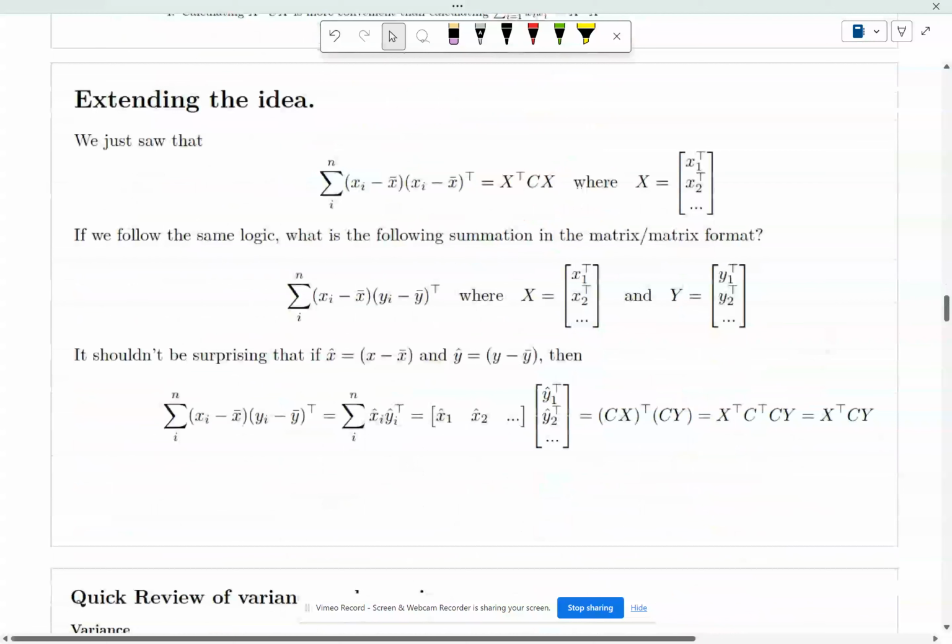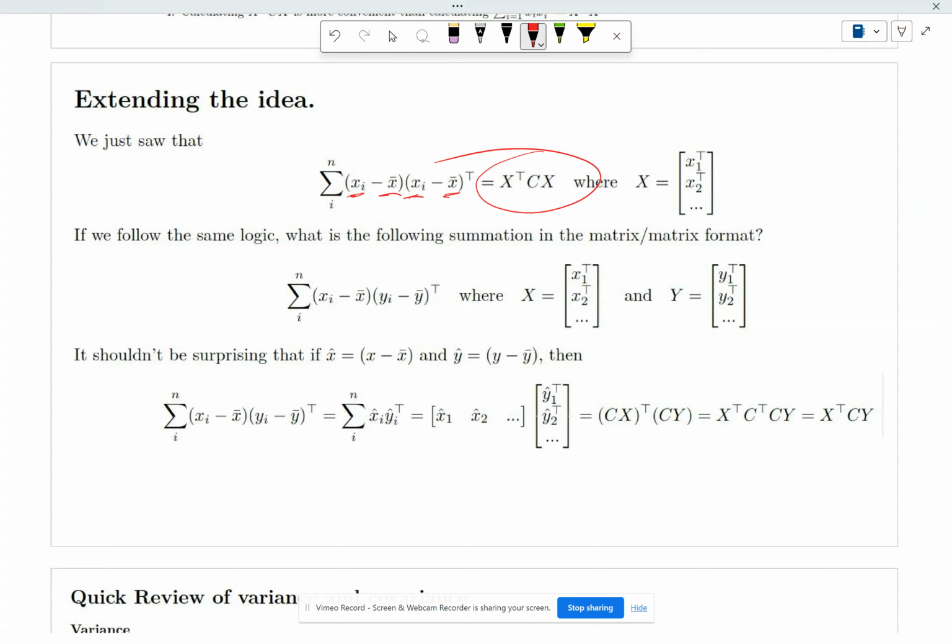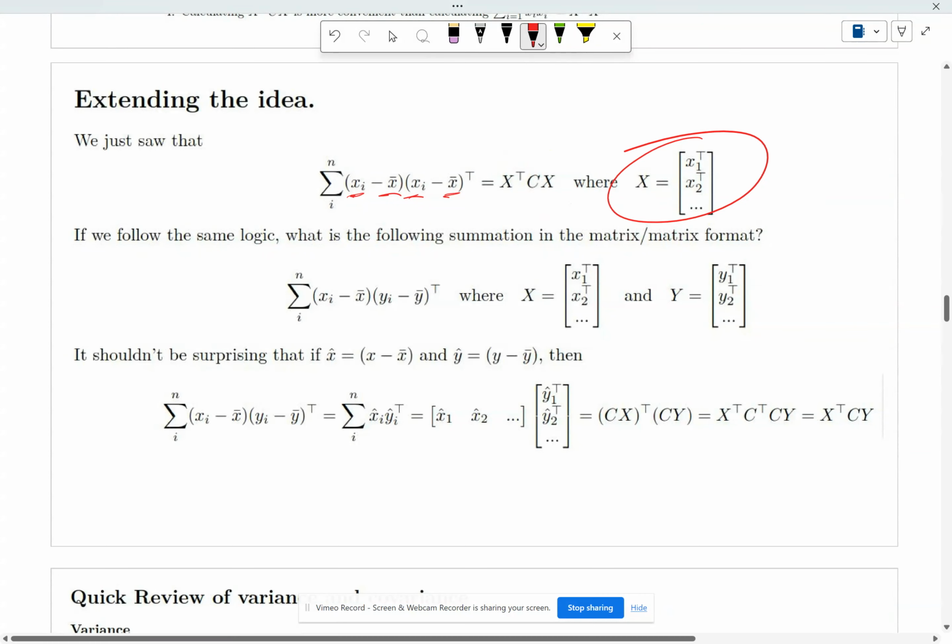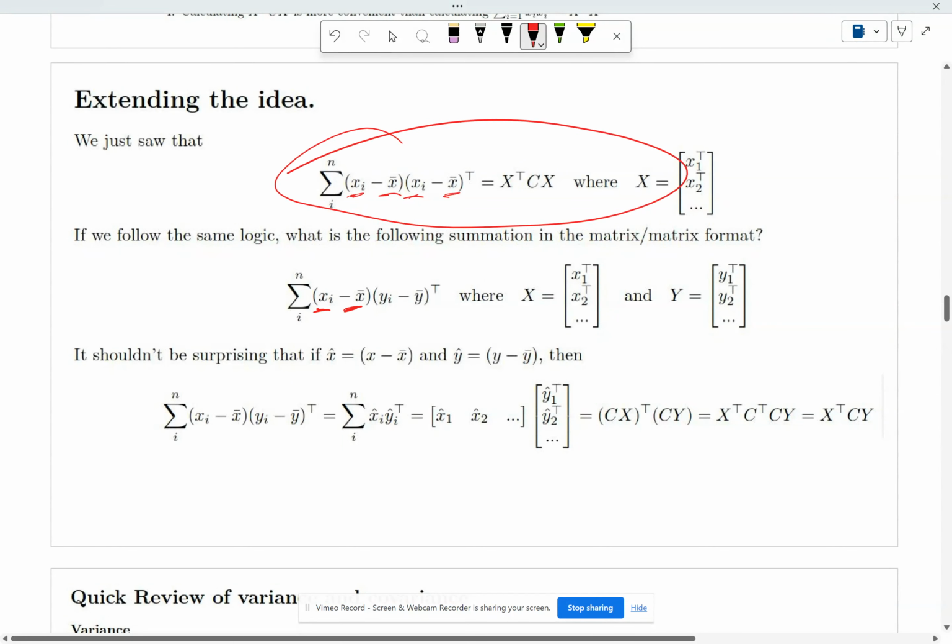Okay, let's extend this idea further. So this was x minus x bar, and I told you this is equivalent to x transpose centering matrix times x, where x was defined this way. Now, following the same logic, we can have x minus x bar, y minus y bar, where x is defined this way and y is defined this way.